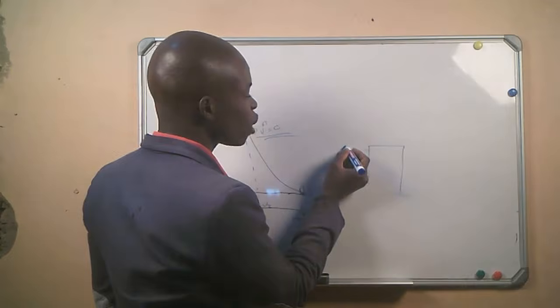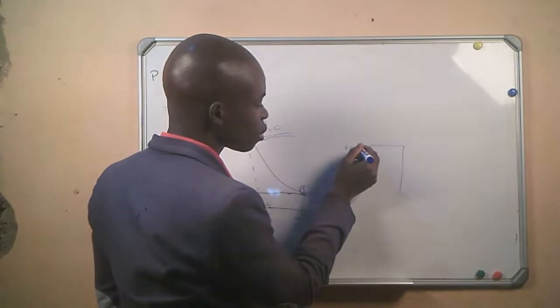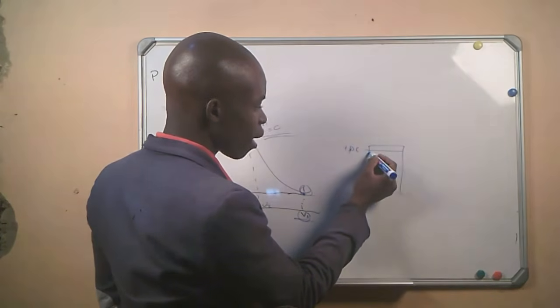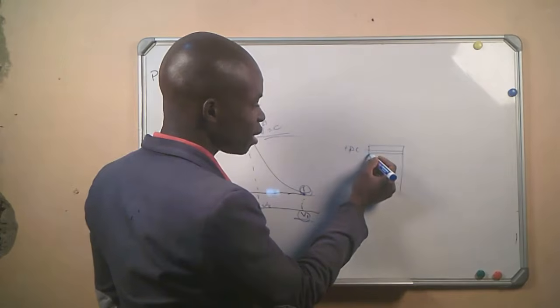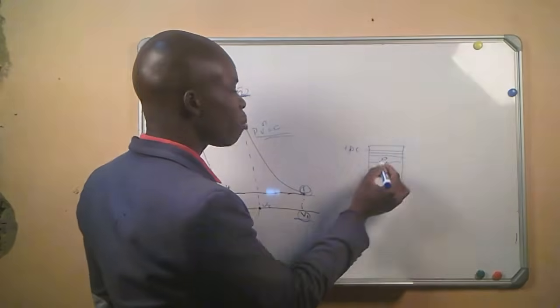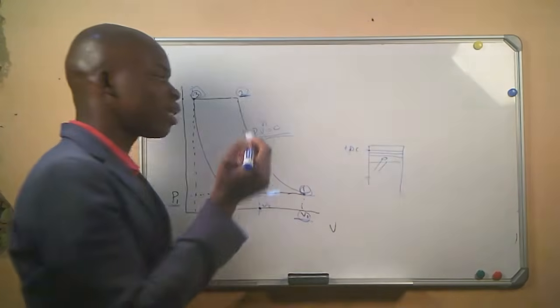A compressor has what we call a top dead center. This is the point where our piston will stop when moving up. The top part of our piston cannot go beyond this part.